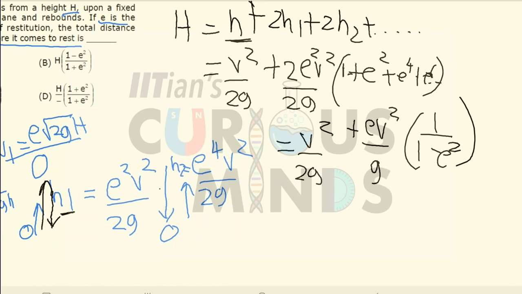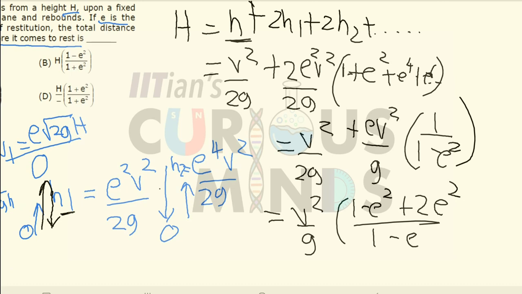Understand that the e over here is the coefficient of restitution. So when I cross multiply and take v square by g common, it will be equal to 1 minus e square plus 2 e square divided by 1 minus e square.